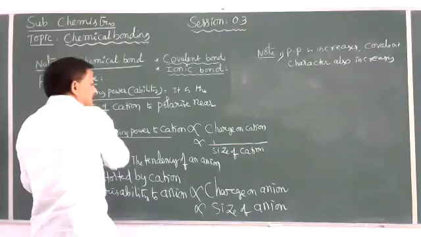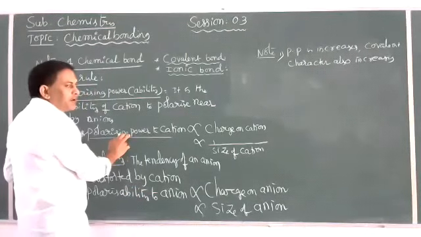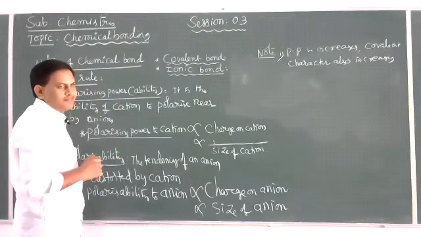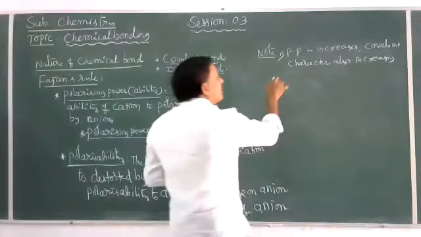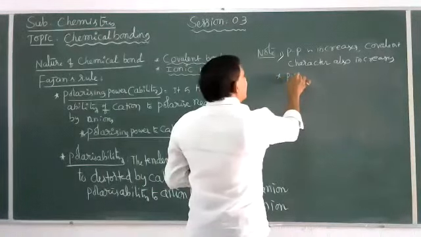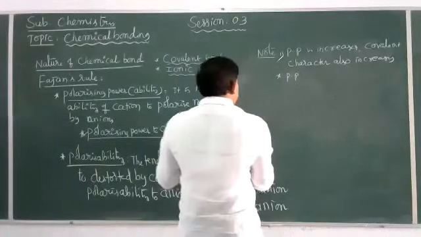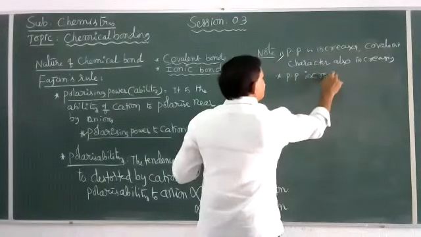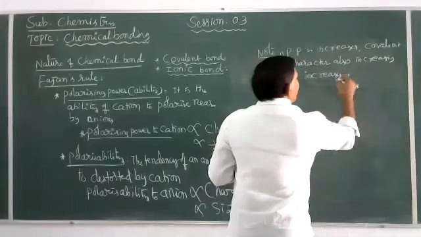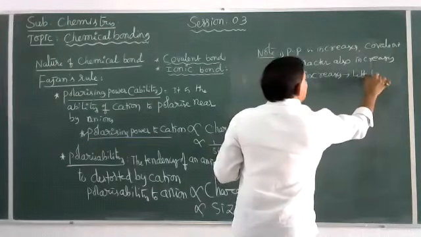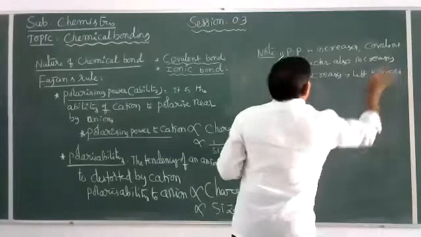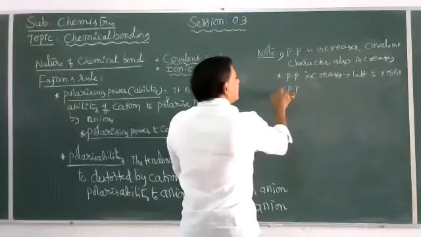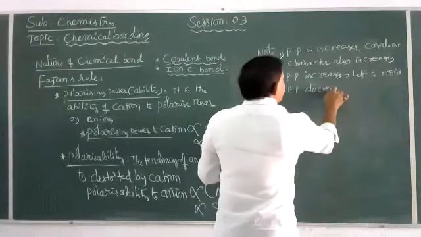To increase the polarizing power, the charge on the cation should be more and the size of the cation should be less. Generally, polarizing power increases from left to right in the periodic table, as the charge on the cation increases.